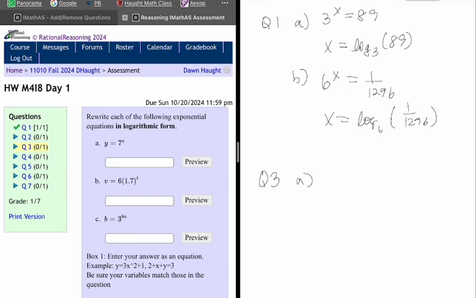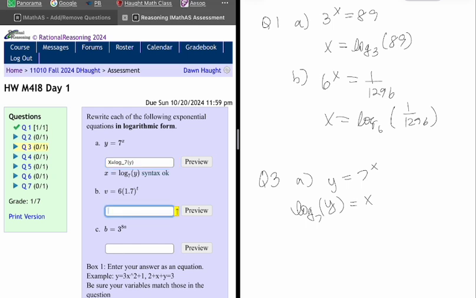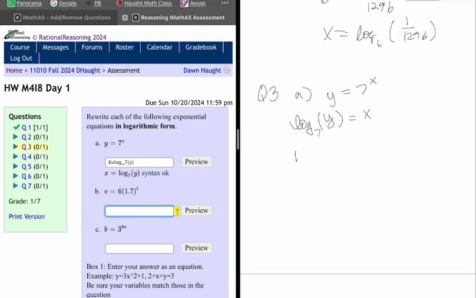Let's go to A. So our original equation is y equals 7 to the x. So we know that x equals the log base 7 of y. Okay. So they want this time you to type in the entire thing. But the one I'm really concerned about is B and C. Now, again, adjust it. Your numbers and my numbers are probably different.